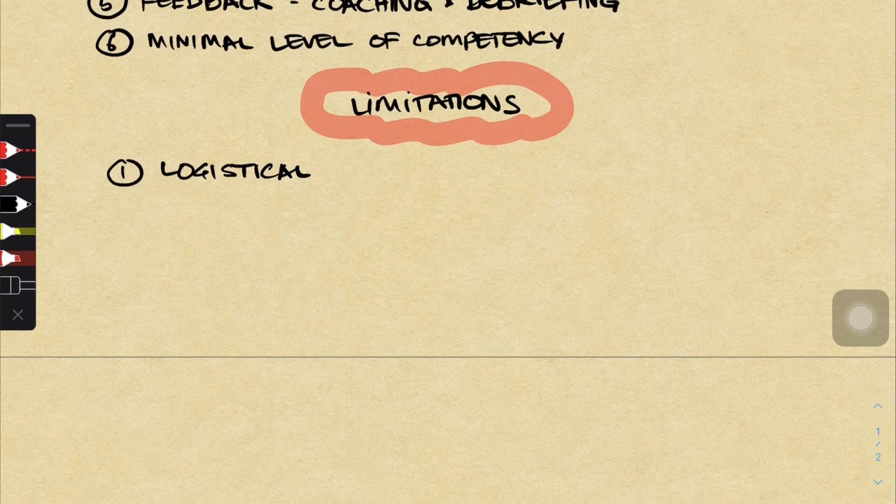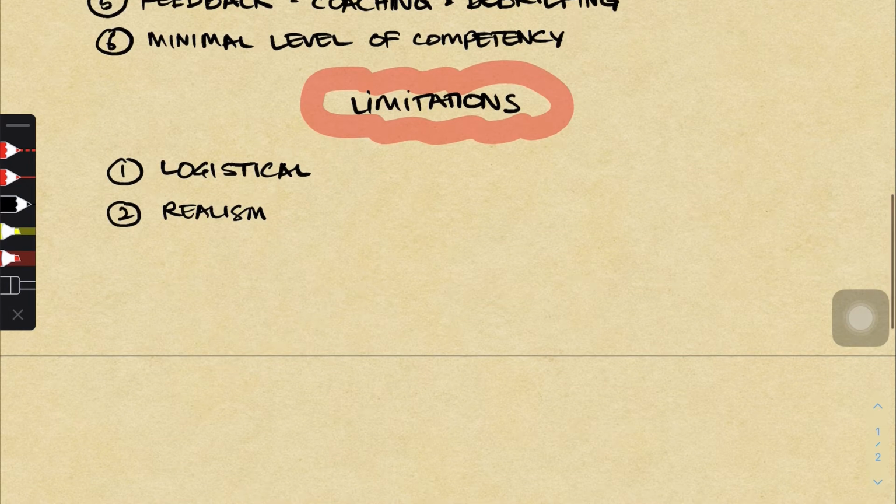Okay, other limitations are such as the realism of the simulations that we do during these typical assessments, and related to that, the more realistic we want things to be, usually the more expensive they are, right? But it need not be like that, but usually it is.